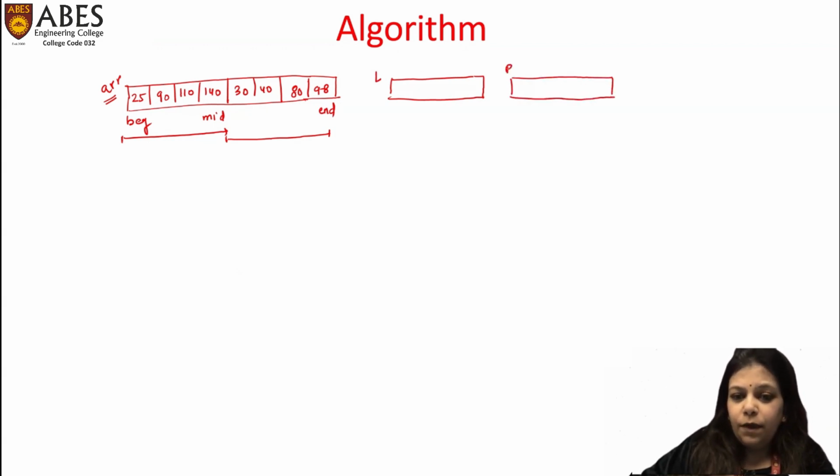And both of them will have the number of elements equivalent to the number of elements from beginning to mid and from mid plus 1 to end, and one extra element to store infinity, right? So what basically we are doing is we have taken two arrays with size n by 2 plus 1, right?